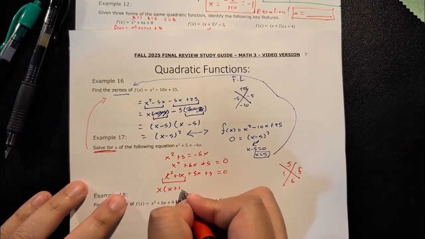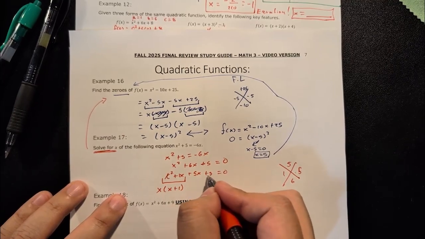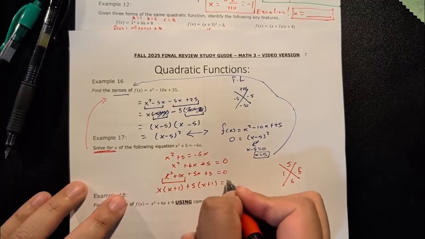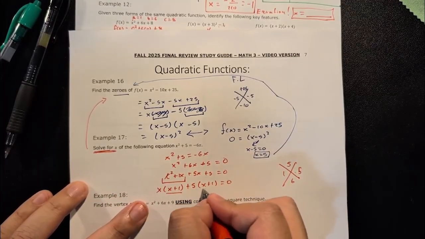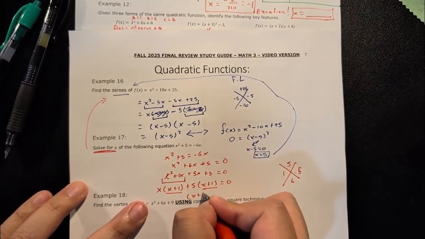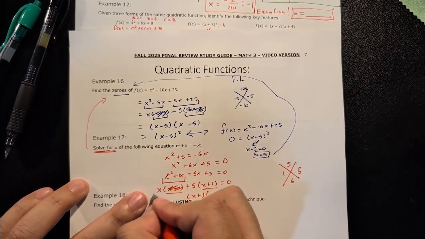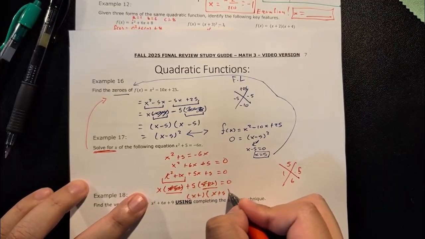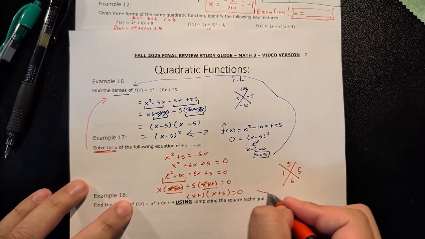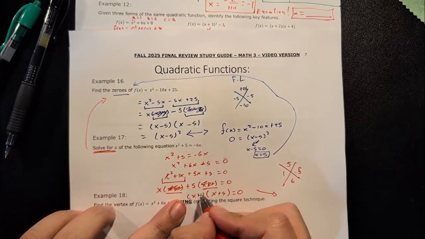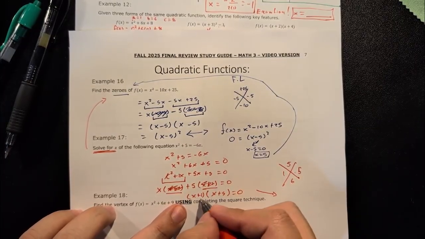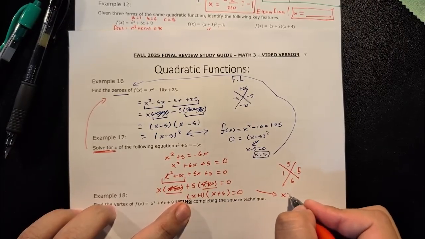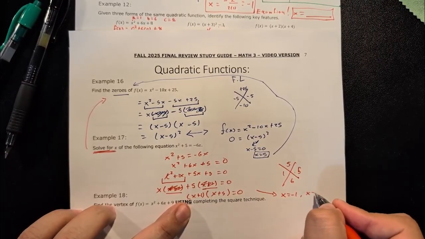So we have x times (x plus 1). And then the next, they only have positive 5 in common, so we have 5 times (x plus 1) is equal to 0. Take out the x plus 1, and then scribble it out. I get (x plus 1) times (x plus 5). So then my zeros are going to be, I set each one equal to 0, and I get x equals negative 1 and x equals negative 5.